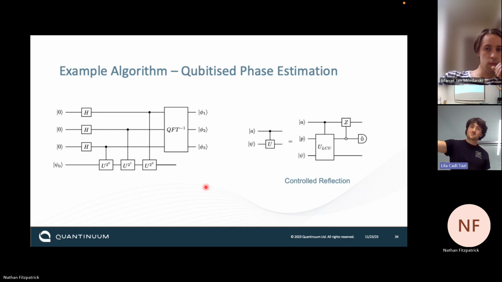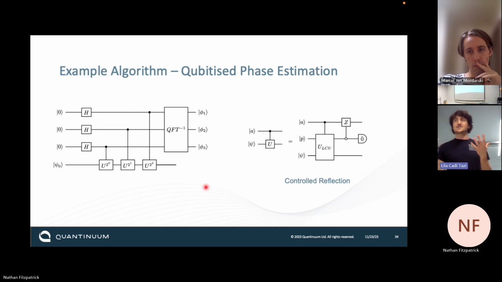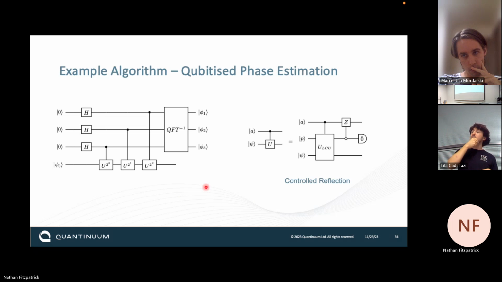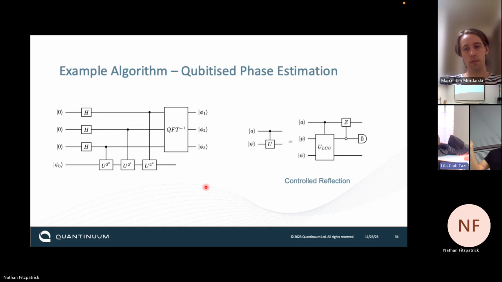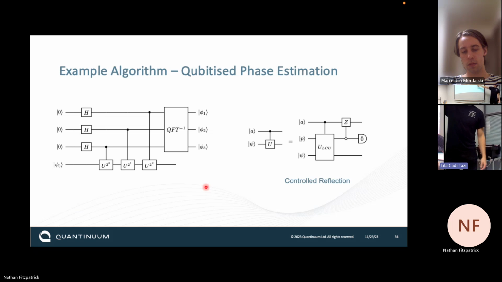Now, this controlled U in Trotterization phase estimation is an exponential powering product, but we basically take our Qubitisation construction and we do a controlled Qubitisation.